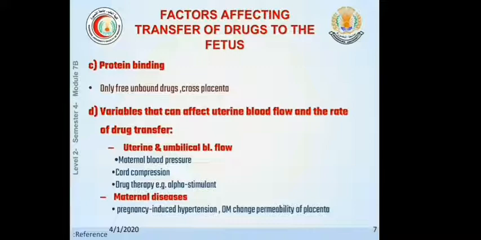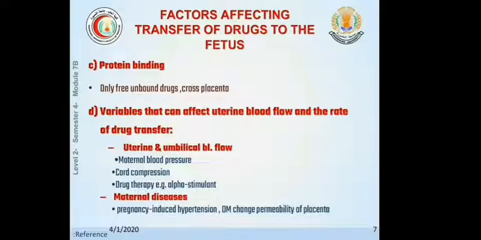So, any factors that can reduce the uterine or umbilical blood flow can reduce the amount of the drug reaching the fetus through the placenta. Also, if there are any maternal diseases like pregnancy-induced hypertension or diabetes, these diseases can affect the permeability of the placenta, either increasing the passage of some drugs or decreasing the passage of others.